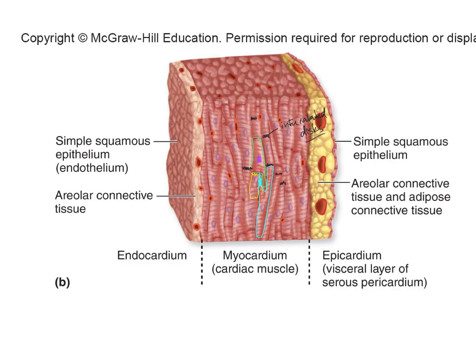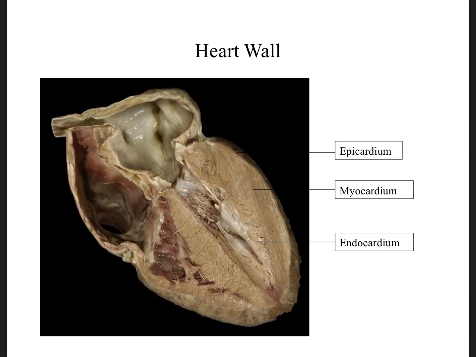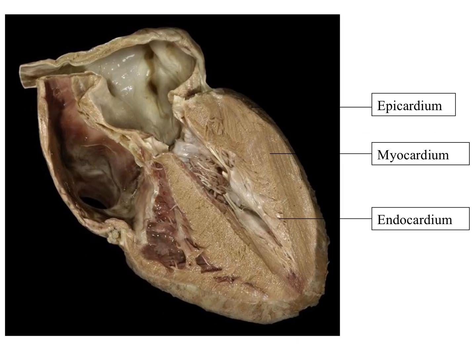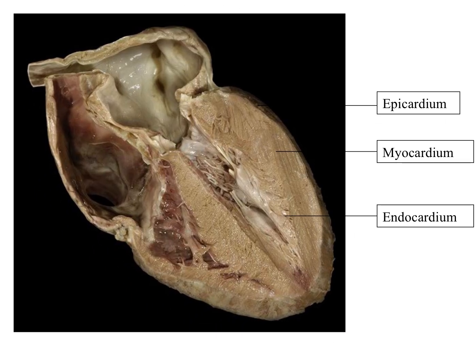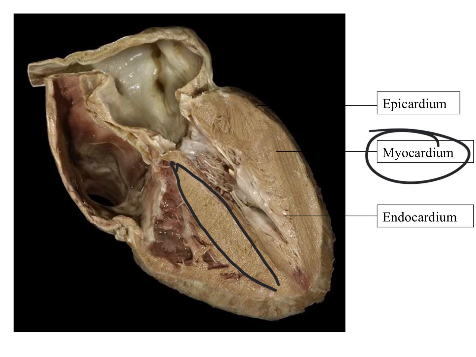Questions on the heart layers? One defining characteristic of the myocardium is a difference between sides. What's this middle part called? Caitlin? Yes, the interventricular septum, the area between the ventricles.